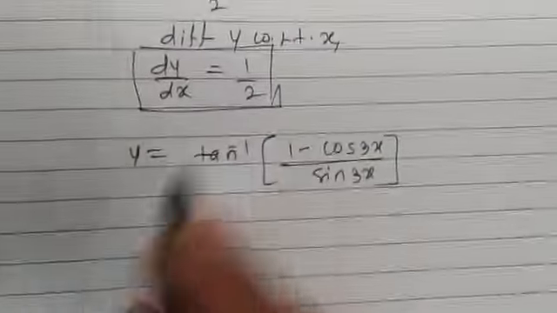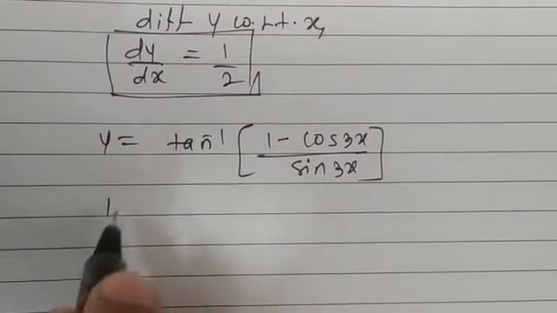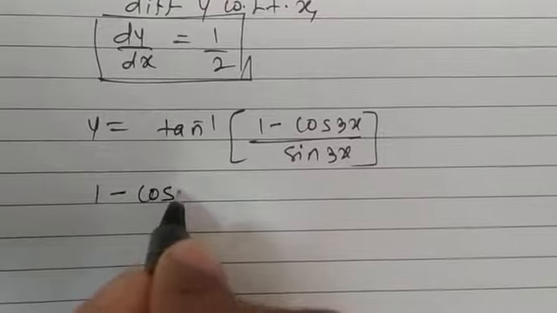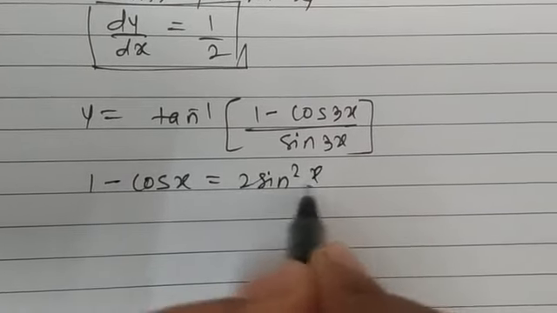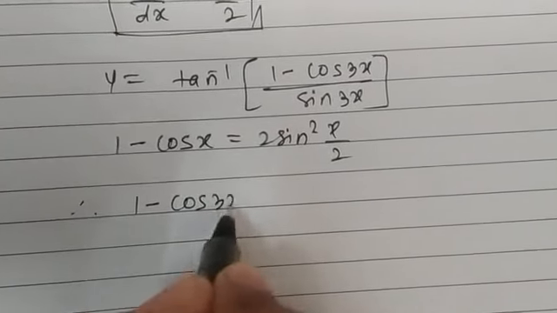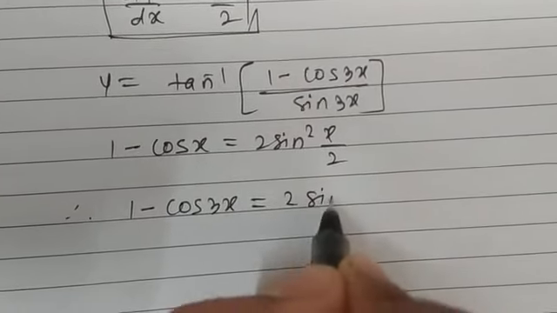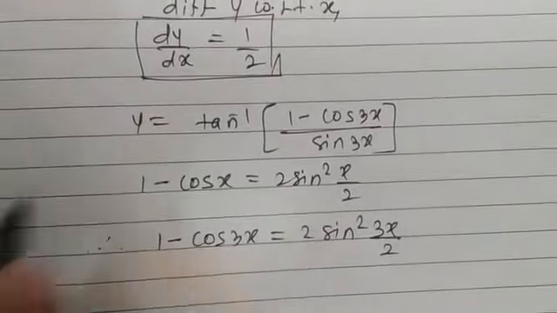So a similar formula we are going to apply here. That formula is the half angle formula: 1 minus cos x is equal to 2 sin square x by 2, right? Therefore 1 minus cos 3x is equal to 2 sin square 3x by 2. So these are the formulas.